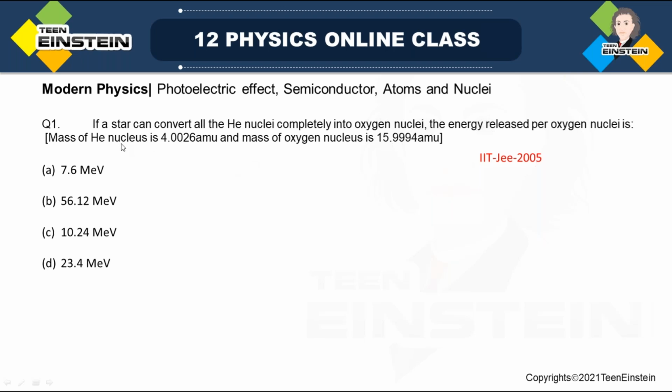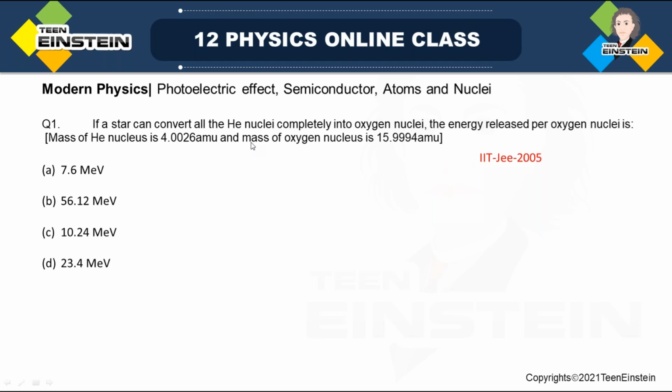Okay, so let us read this question and solve. If a star can convert all the helium nuclei completely into oxygen nuclei, the energy released per oxygen nucleus is. So here you have to understand this question.